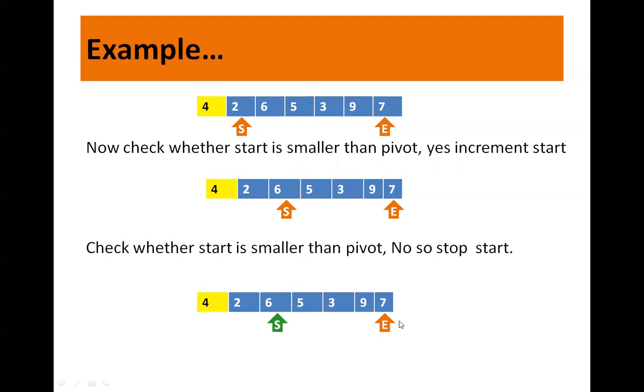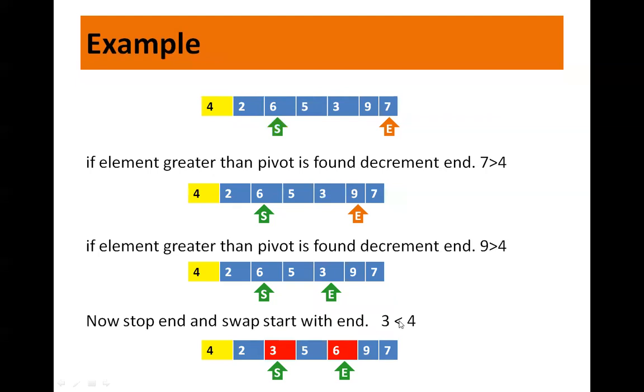Now let us look at the end pointer. Is the end element greater than the pivot? Yes, 7 is greater than 4. So you decrement the end pointer. Remember, the start pointer is incrementing, the end pointer is decrementing. Now the end pointer is pointing at 9.